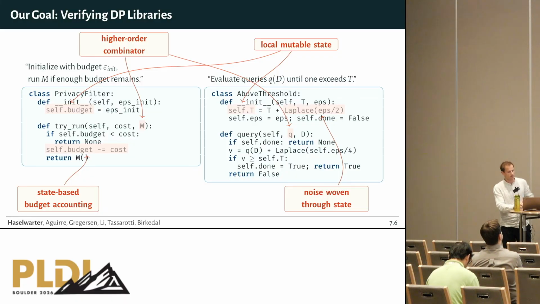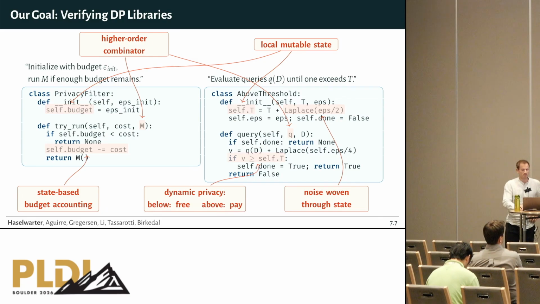The above threshold stores some randomized values in the local state, and it even does some dynamic privacy budgeting, where depending on the outcome of a computation, we might incur some privacy loss, or we might not. So here we have a collection of complex language features. This particular combination of features is something that most libraries really require, but it's also beyond what existing tools were able to handle.